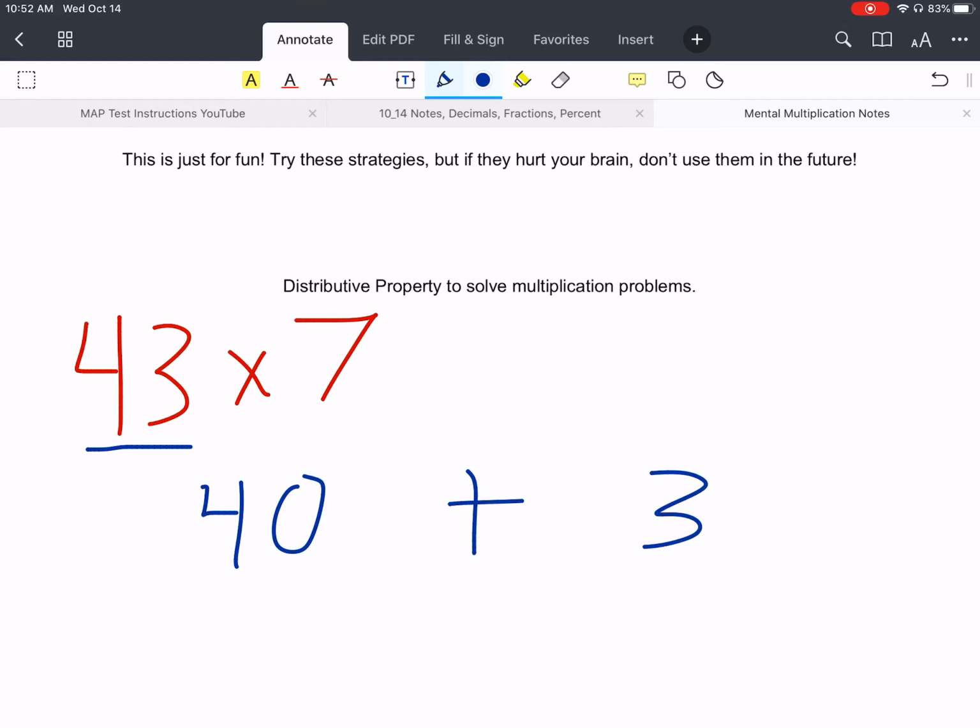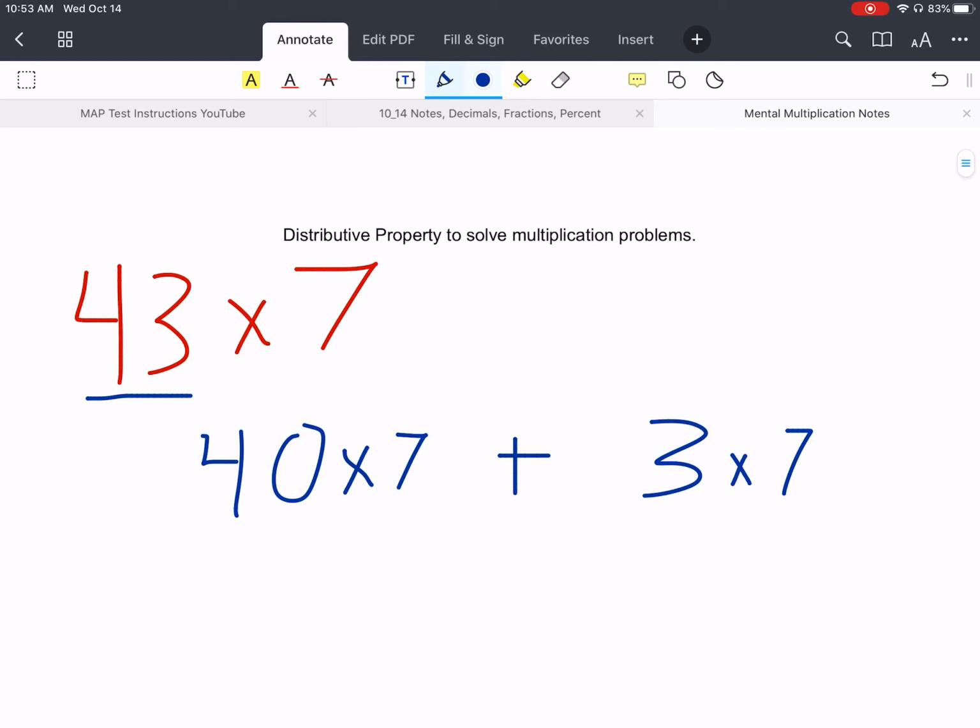So in your brain, you can always break apart the tens spot and the ones. And we are still going to be multiplying by 7, except after we do these two multiplication problems, we are going to add the answers together, because 40 plus 3 is 43.